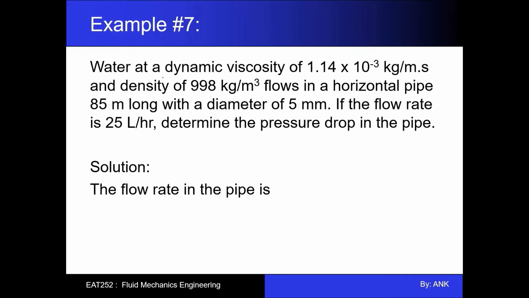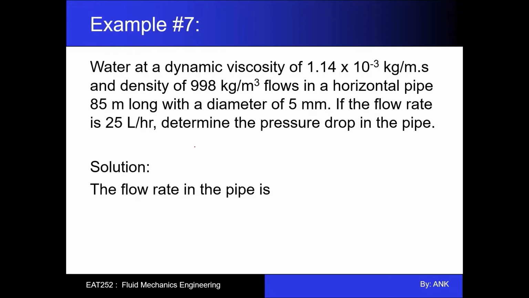Water at a dynamic viscosity of 1.14 times 10 negative 3 kilogram per meter second and density of 998 kilogram per meter cube flows in a horizontal pipe, 85 meter long with a diameter of 5 mm. If the flow rate is 25 liter per hour, determine the pressure drop in the pipe.